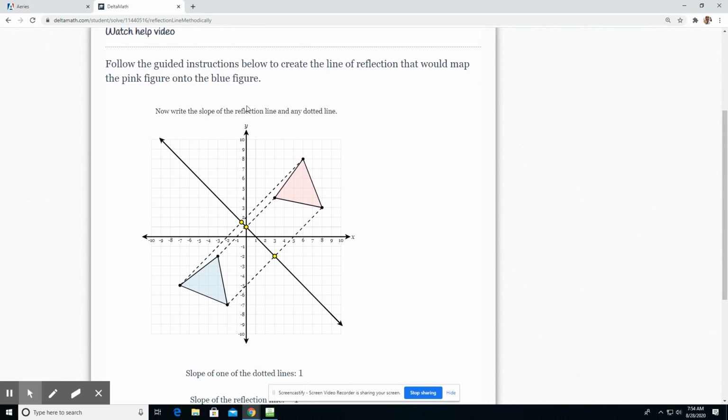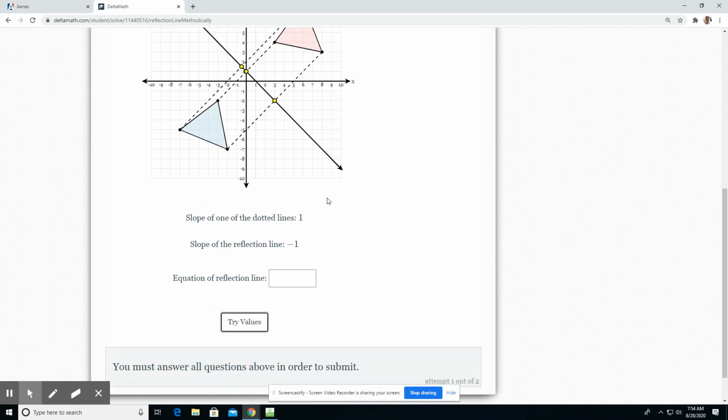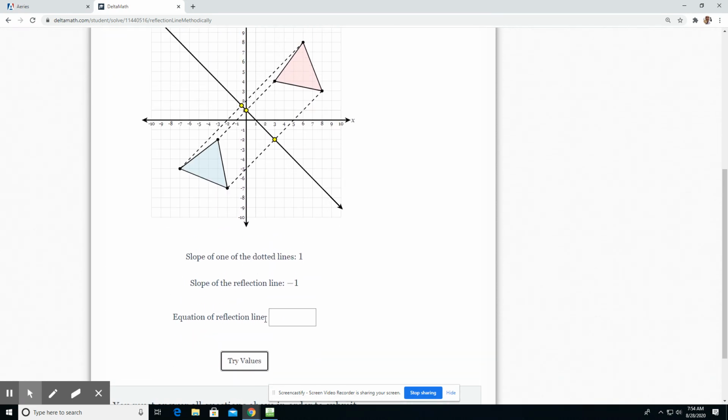Now write the equation of the line of reflection. Okay, so now they want the equation of the line of reflection. The normal equation would be y equals mx plus b. M is our slope, and in this case, the slope for the line of reflection is negative 1.